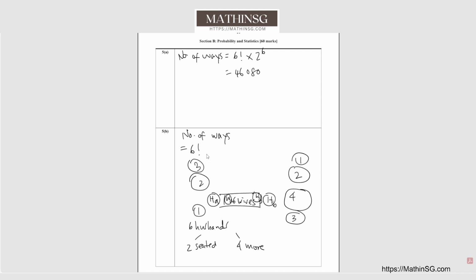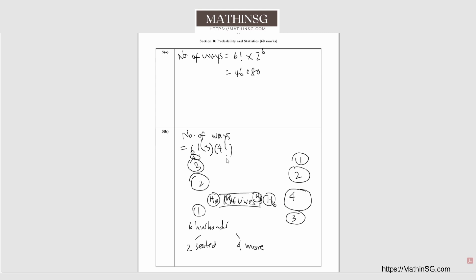And none of them at this side, and all of them at this side. So there are actually 1, 2, 3, 4, 5 combinations. And in the 5 combinations, all the 4 husbands are allowed to sit anywhere they like among the 4 seats. So you have 4 factorial.